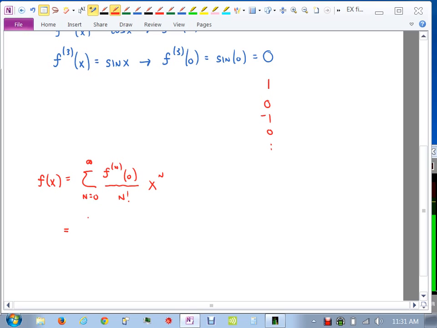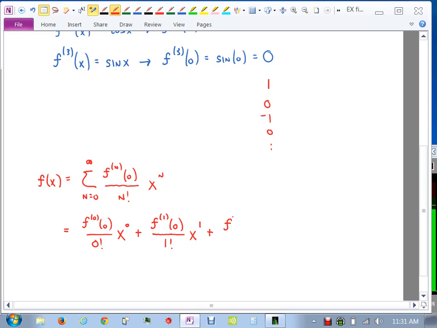Okay. Plus, now I'm replacing n with 1: first derivative at 0 over 1 factorial, x to the 1.